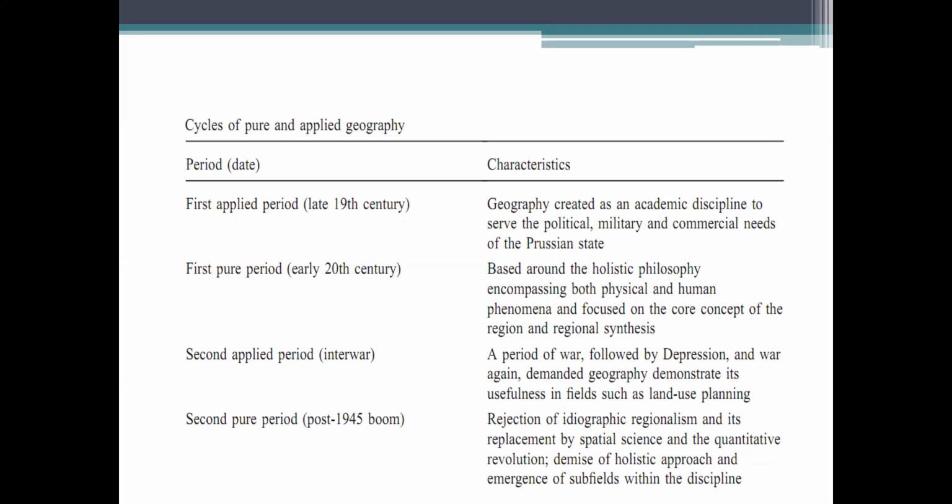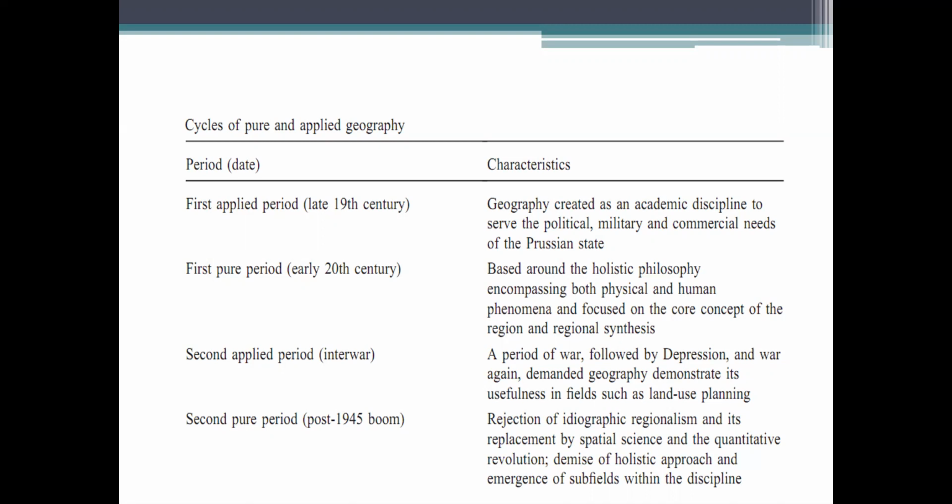A period of war followed by depression and war again demanded geography demonstrate its usefulness in fields such as land use planning, so and so forth. Therefore, applied geography came to the front.